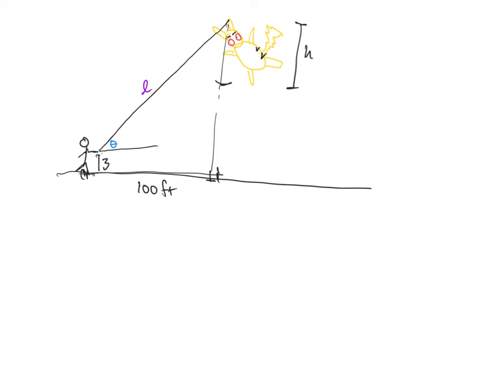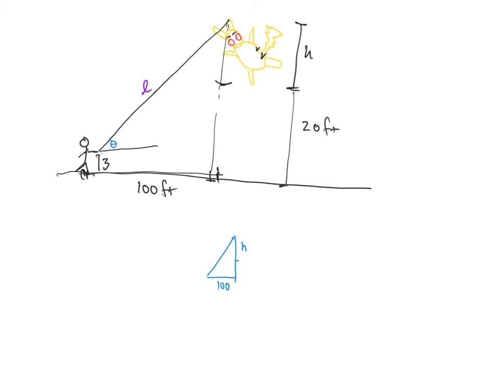Well, if I drew this triangle out as a plain triangle, I have 100 feet here. I have H for part of it, and then I have the rest of it. Let's say from here to here, this is actually 20 feet.